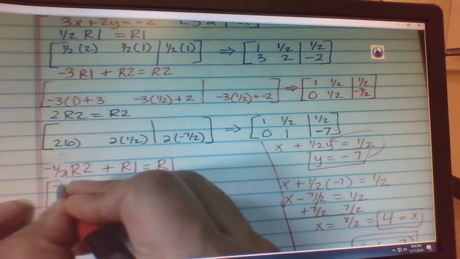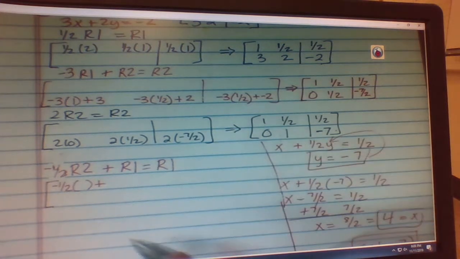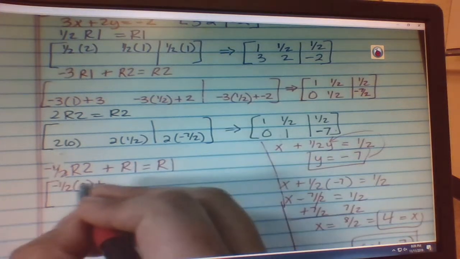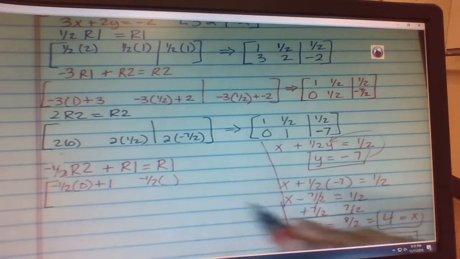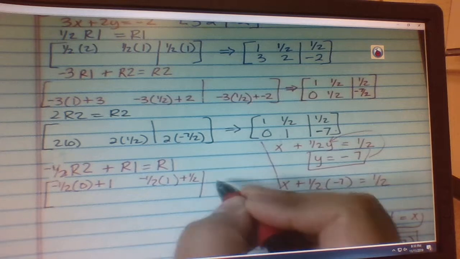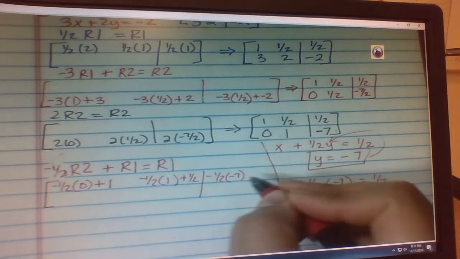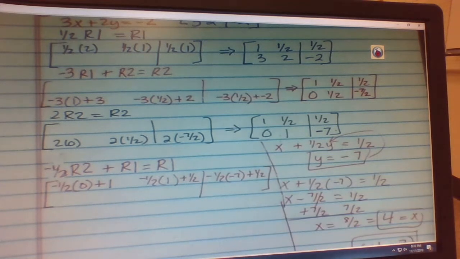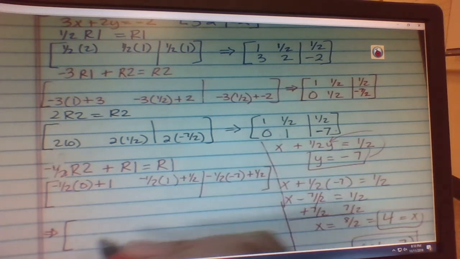So negative 1/2 times row 2 plus row 1. Negative 1/2 times 0 plus 1. Negative 1/2 times 1 plus 1/2. And negative 1/2 times negative 7 plus 1/2. So remember, this is going to be my final answer here. I didn't do anything to the bottom.